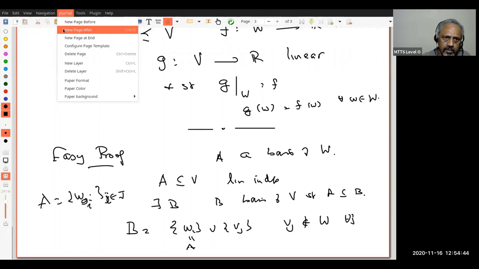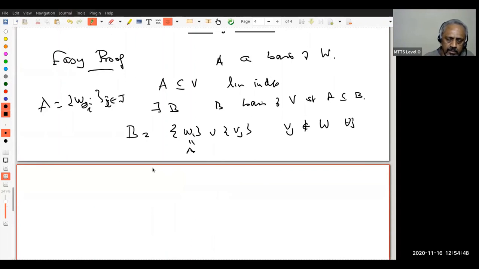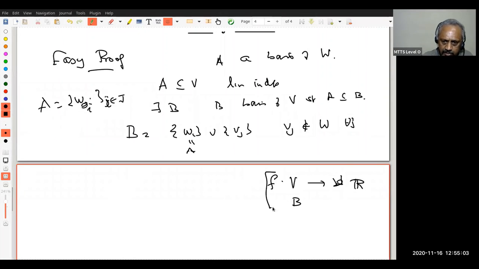Now, what do I do? Now you recall the theorem: any linear map from a vector space V to W is uniquely determined by its action on a basis. So I'm making use of that.